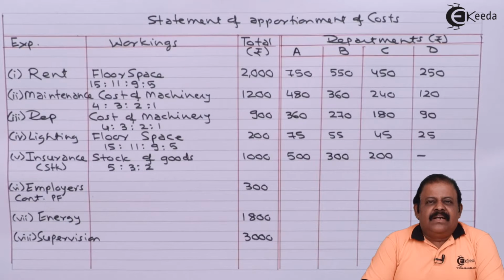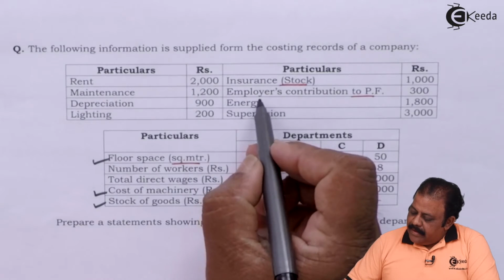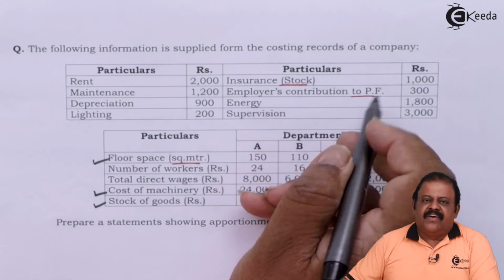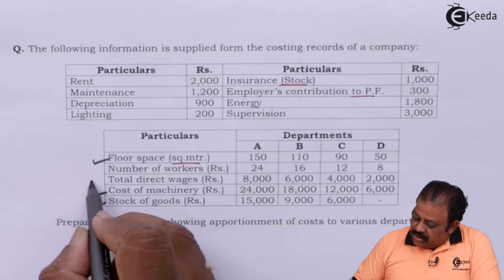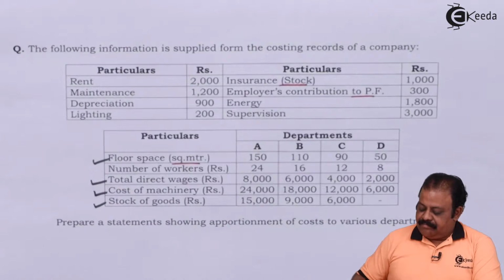In case of Department D, there is no stock, so no expense will be allocated to it. Employer's contribution to Provident Fund will be allocated based on total direct wages.